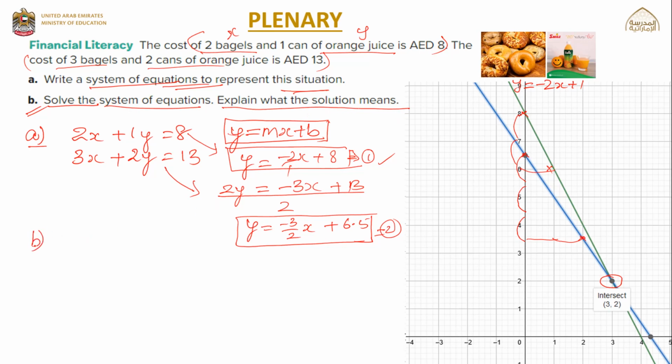So the second part of the question asks us to explain what this solution means. You're getting a solution. What is the solution? You have got it. The solution is (3, 2). So what does this solution mean?